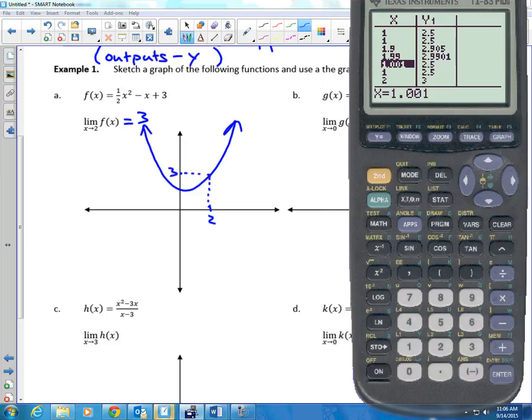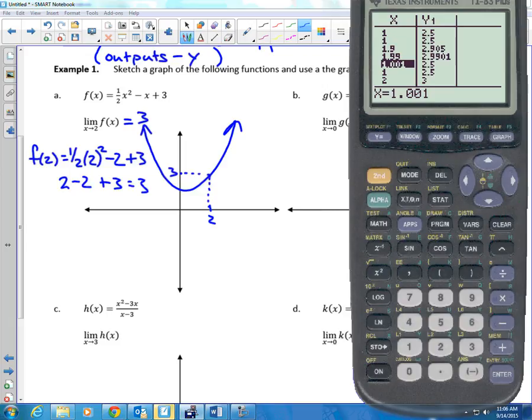I'll show you an easy way to figure it out. Just plug it in. 2 squared times 1/2, 2 minus 2 plus 3. It's 3.